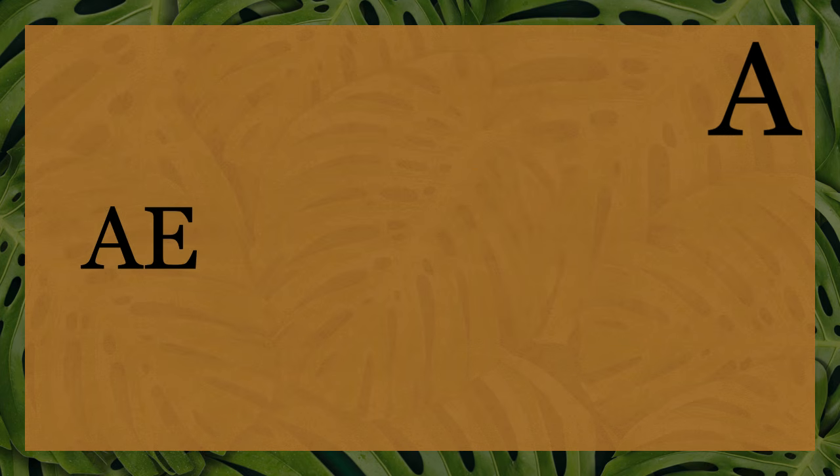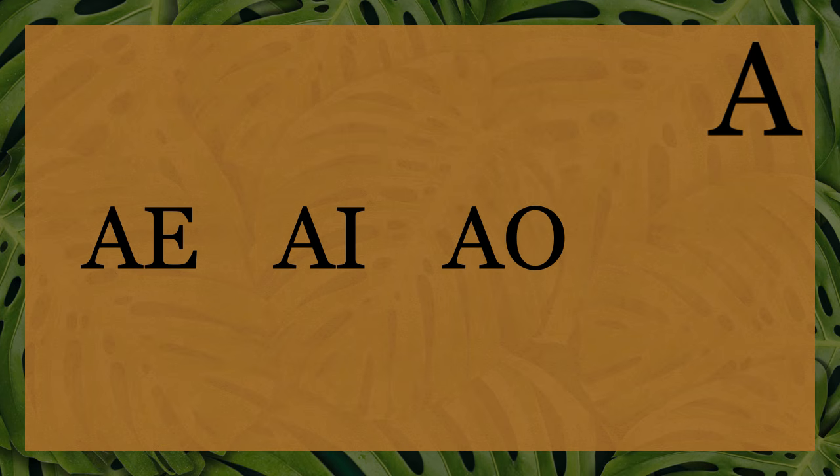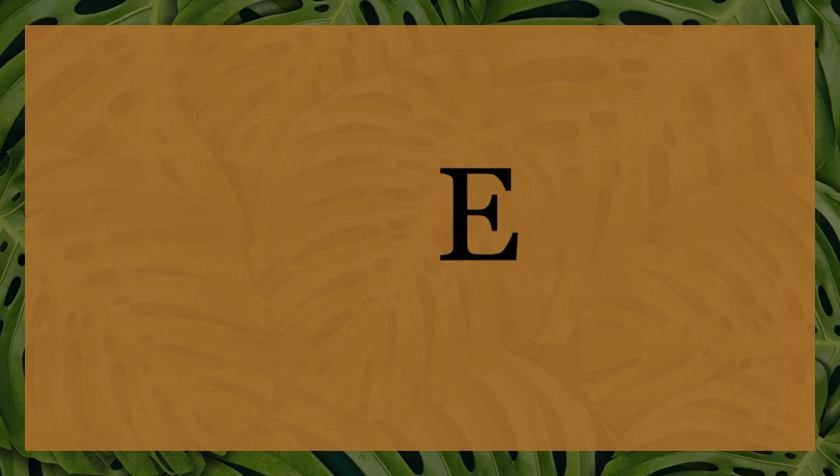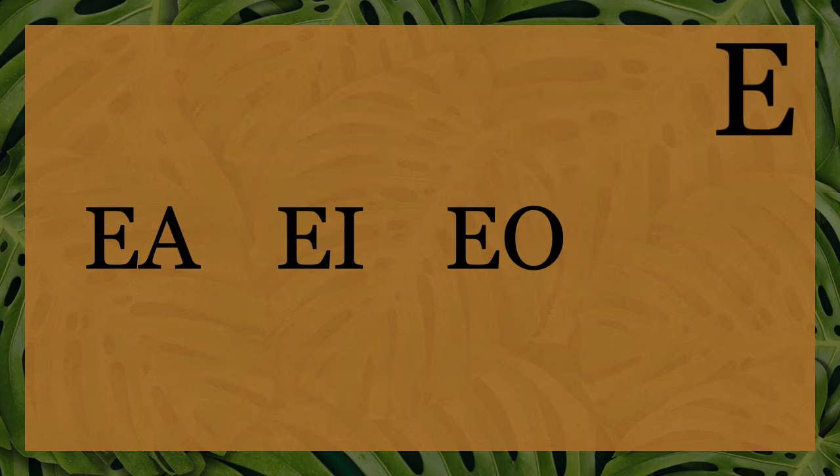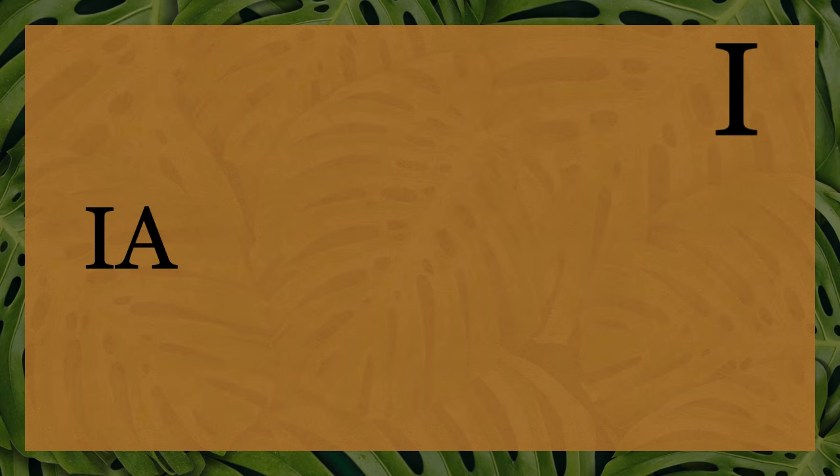Starting with a, we have ai, ae, ao, au. Then e: ea, ei, eu. Then i: ia, ie, io, iu.